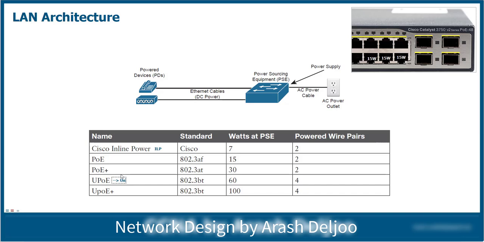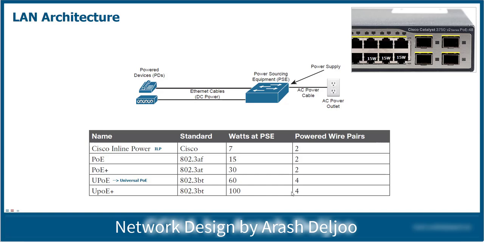Universal PoE can supply up to 60 watts on each port. And finally, the newest technology is UPoE plus, or Universal PoE plus, 802.3bt again, which can supply up to 100 watts at each interface. Both UPoE and UPoE plus work by supplying power over all four pairs.